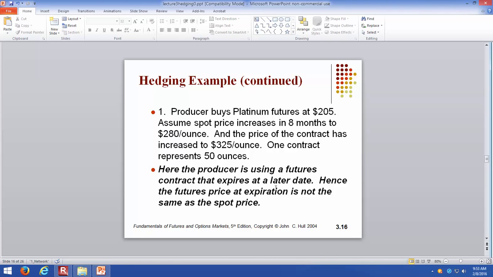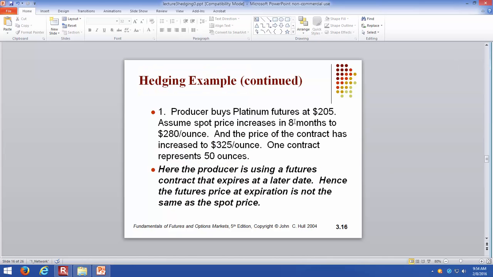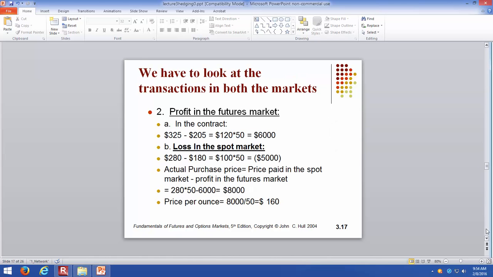The main reason why we have basis risk is because the futures contract expires at a later date. So when he wants to close out the position, the futures price and the spot price are not the same. So we want to look at what happens in the futures market. In the futures market, he bought the contract at 205, and at the end it's 325.